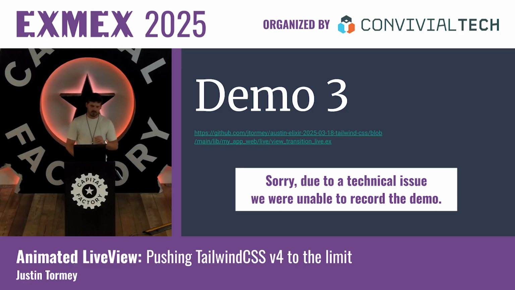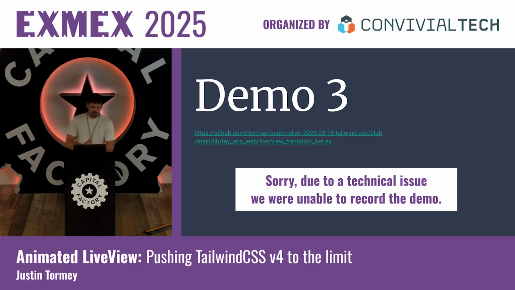But if you look at the live view itself, the handle params is just rendering a single card. That's all you have to worry about. And live view orchestrates the transition. And it does this using Tailwind groups, named groups, and that JS transition function.